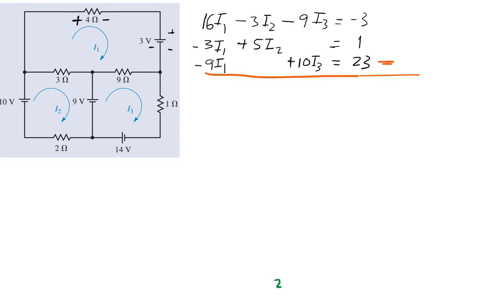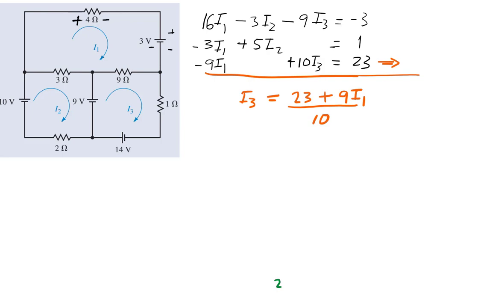So this one, if we rearrange, we get that I3 equals 23 plus 9 I1 over 10. Right? If I take this to the other side, it is negative, becomes plus.